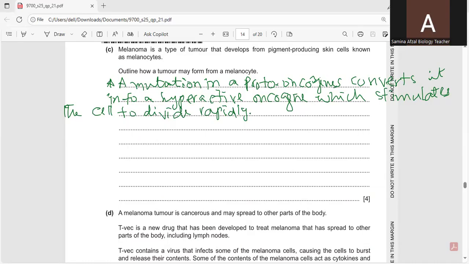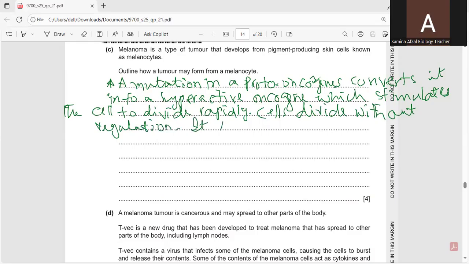So there is another type of mutation, which can also occur in a tumor suppressor gene. So this mutation inactivates the gene, removing the brakes and allowing the cell to divide without regulation. So cells divide without regulation.